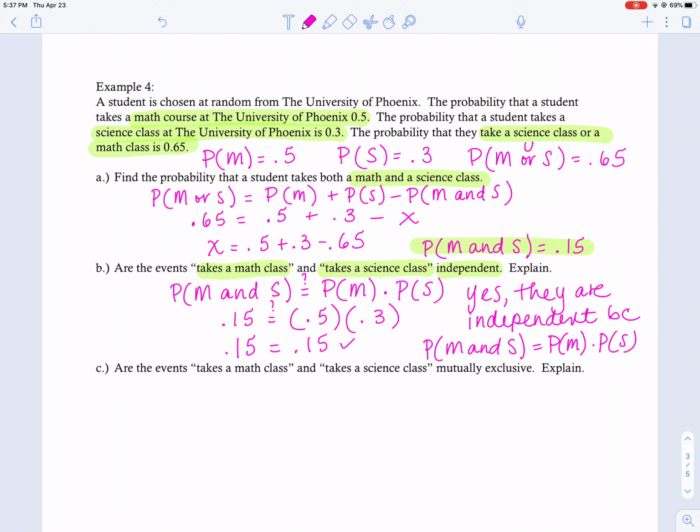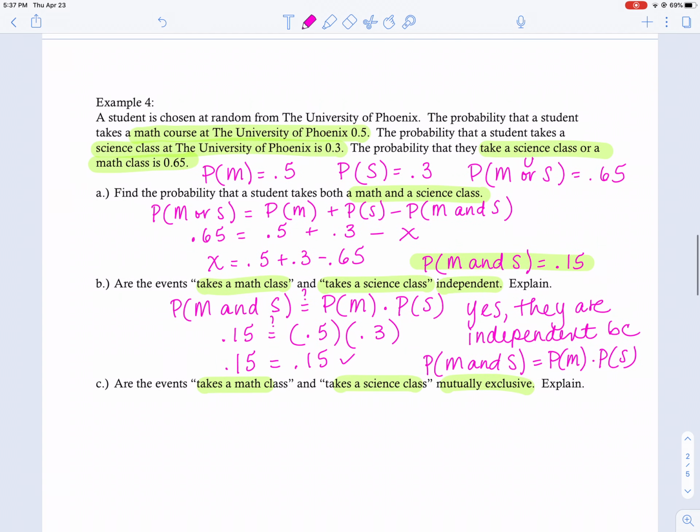Are the events takes a math class and takes a science class mutually exclusive? No. We know that because the probability of them both happening is not 0.